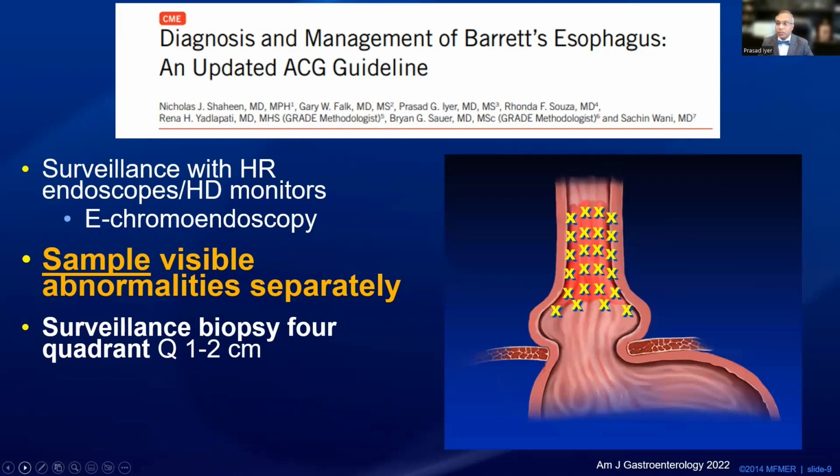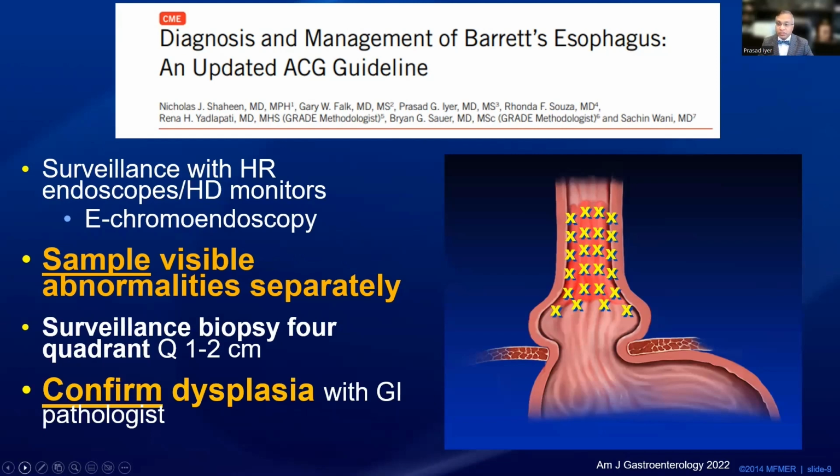If you have prior dysplasia, you would go every 1 centimeter. And studies have shown that this improves the rate of dysplasia detection. And of course, something to reiterate is that if you do find dysplasia, particularly in the community, then given the evidence of overcalls in the community, you always want to get this confirmed by a GI pathologist before you act on the dysplasia and begin endoscopic eradication therapy.